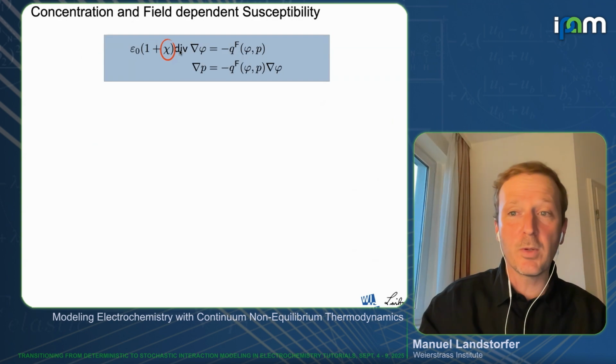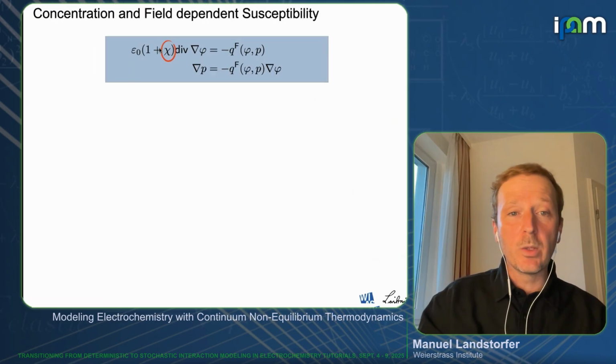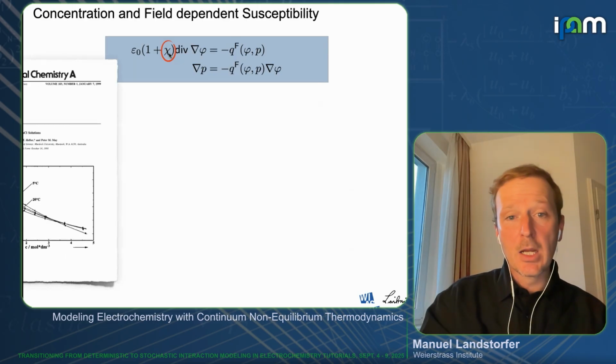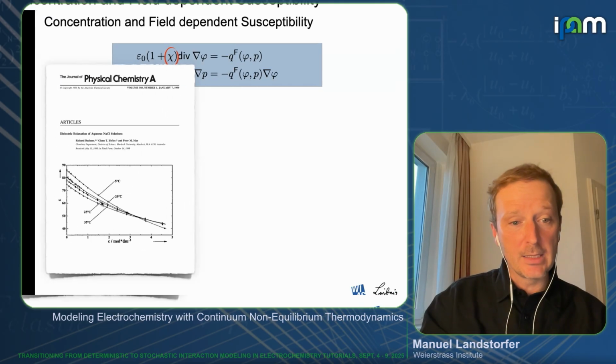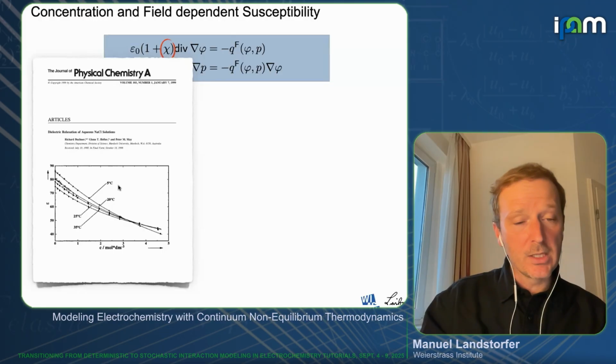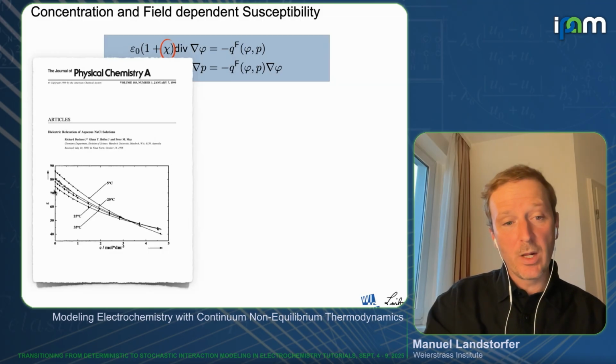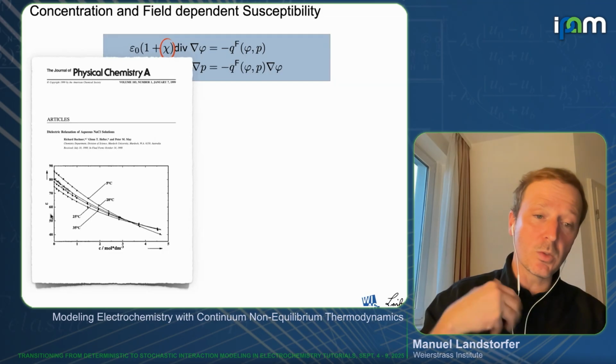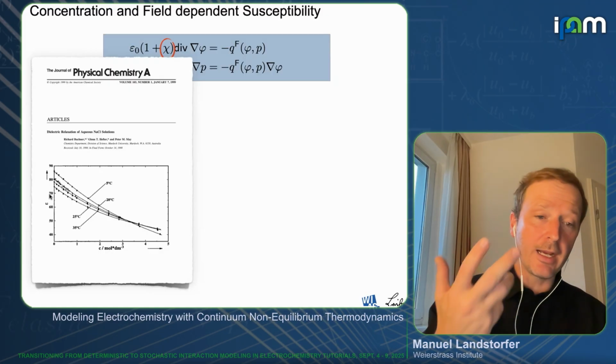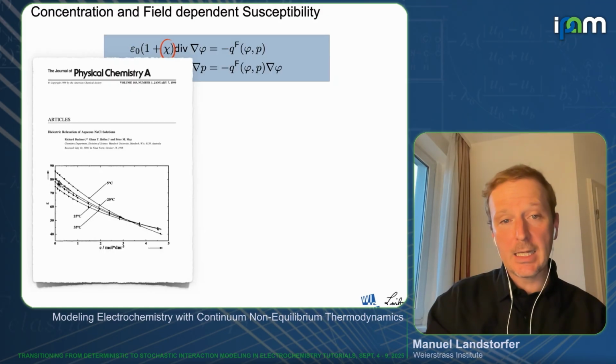So this was exactly a question yesterday from the audience. What is happening when we want to change that the dielectric constant is not a constant, but is, for instance, concentration dependent, which is sometimes called the dielectric decrement effect. This is for bulk effects, but it's pretty well known that when you put salt into water, the dielectric constant basically declines.